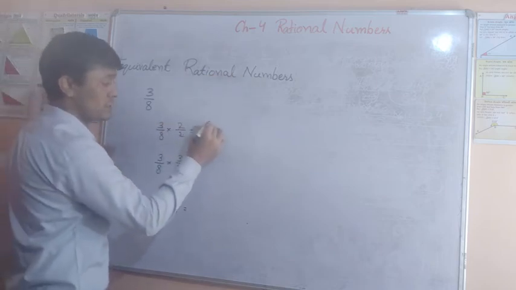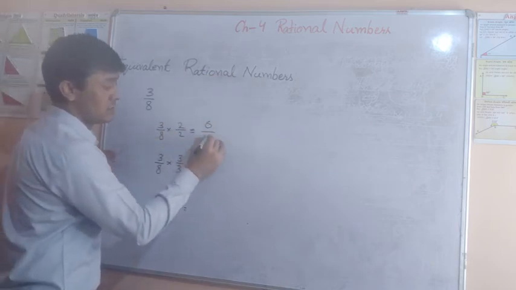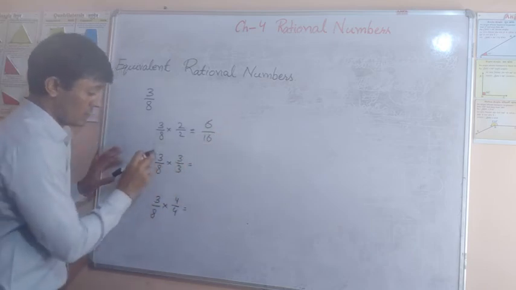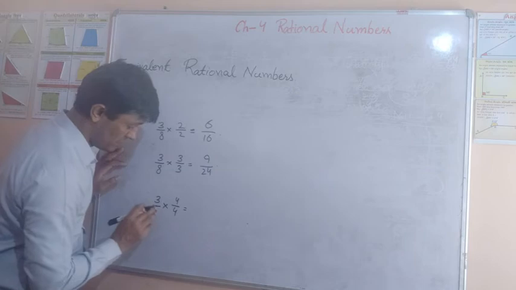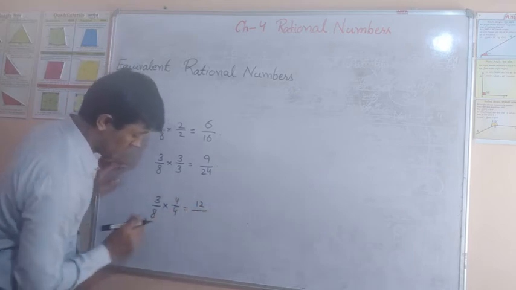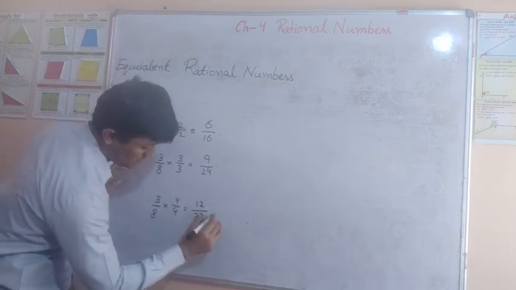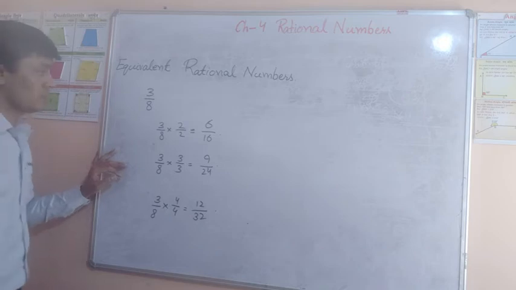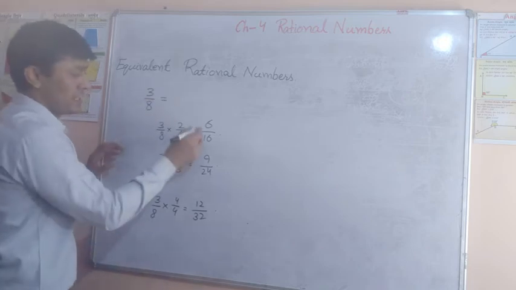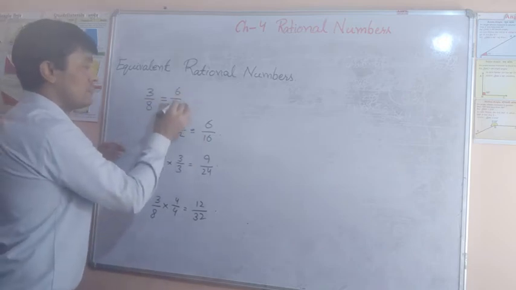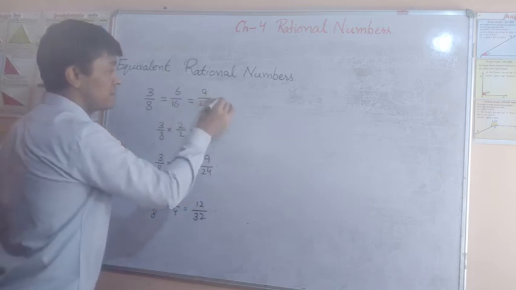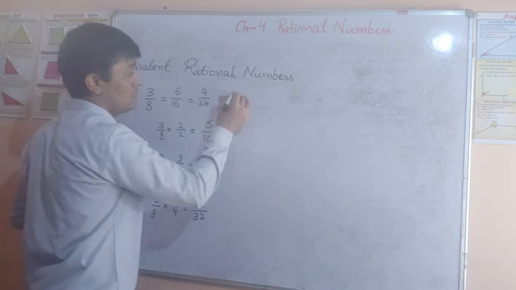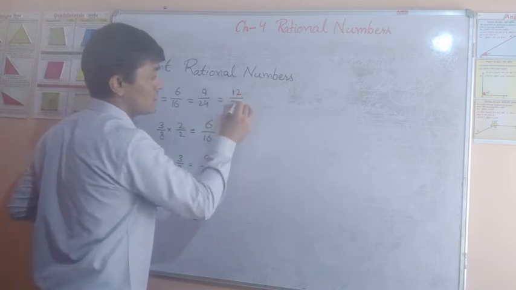So 3 2s are 6, 8 2s are 16, 3 3s are 9, 8 3s are 24, 4 3s are 12, 8 4s are 32. So now you can write down in this way: 6 upon 16 is equal to 9 upon 24, 12 upon 32.